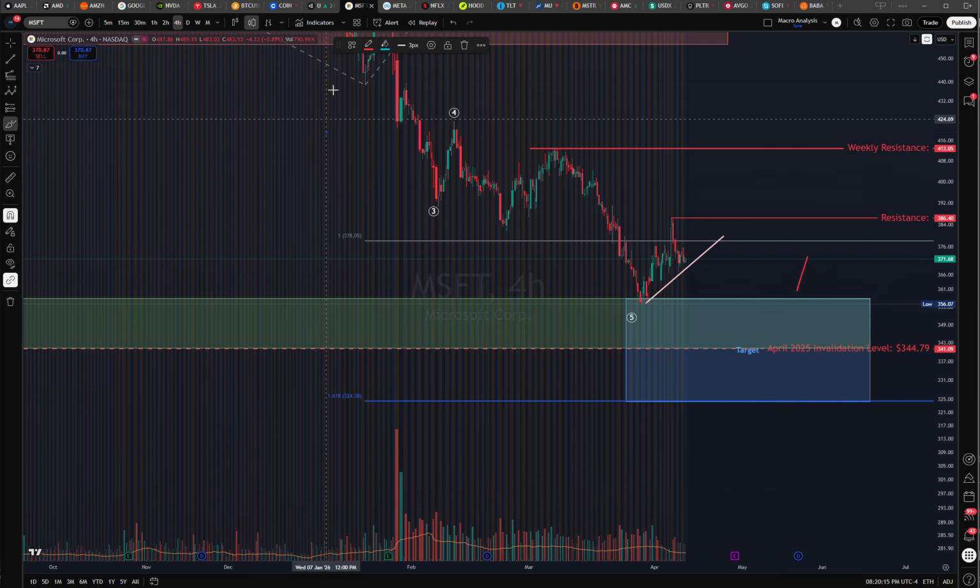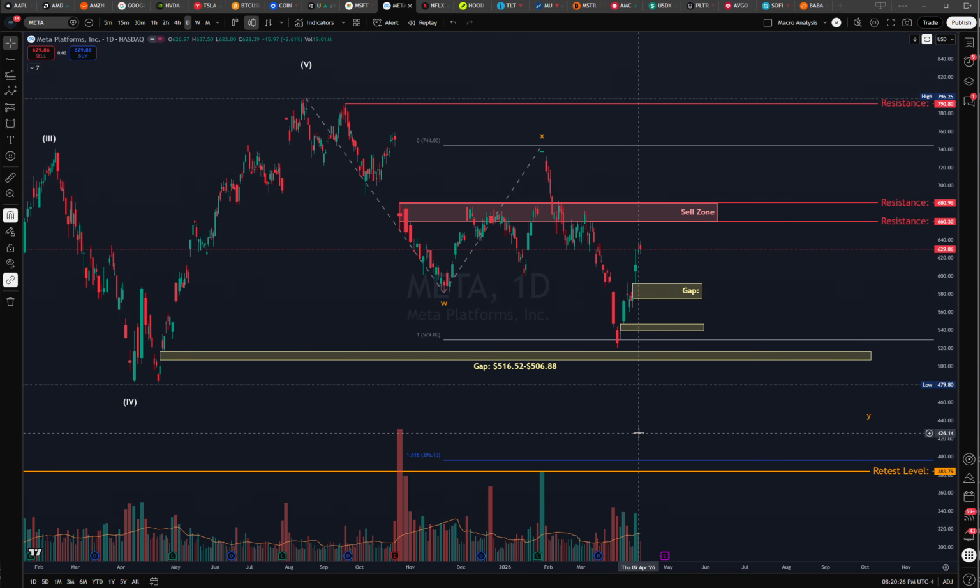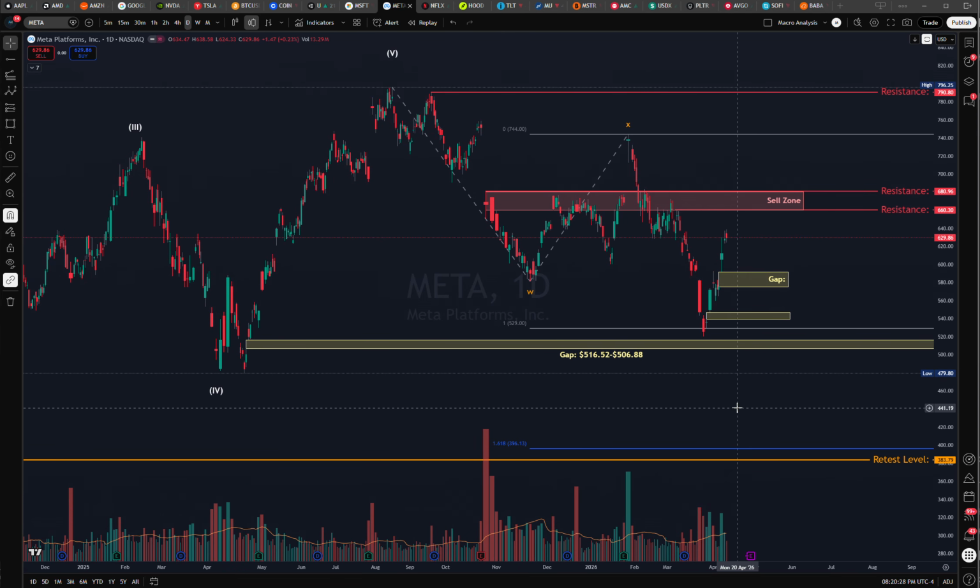For Meta, the key level I'm looking at is you had a WXY pattern forming. You have ABC, then two ABCs pretty much.